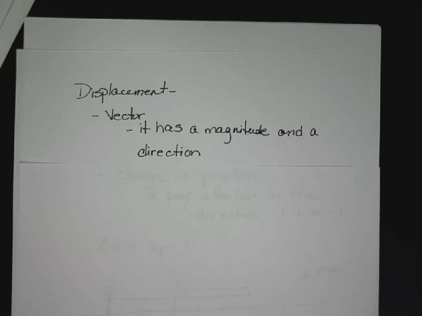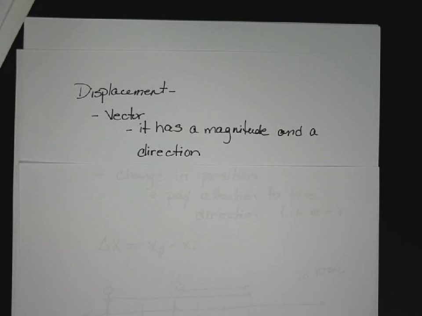Is it 2 miles? Is it 2 meters? Is it 15 kilometers? It has a size. And a vector also has a direction. Is it positive or is it negative? So when I'm talking about a variable that is a vector, you have to pay attention to the sign. That makes a huge difference, and as we get further along, you'll see.